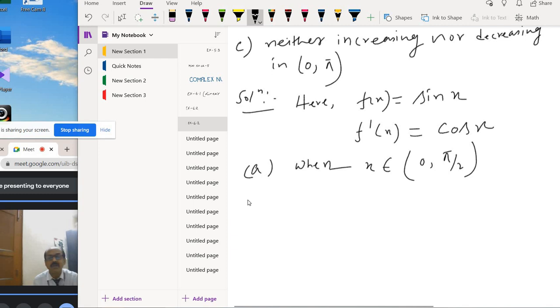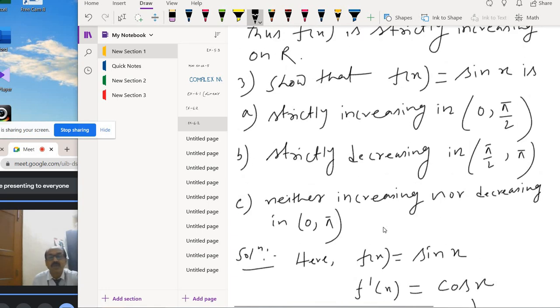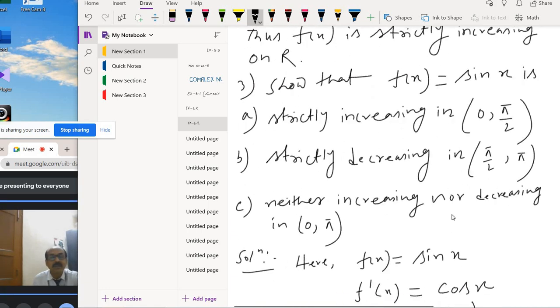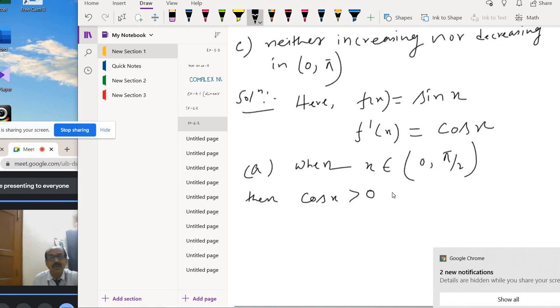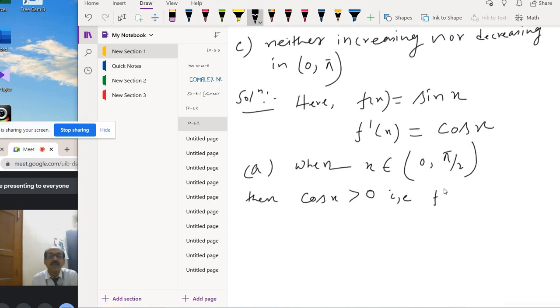So when x belongs to 0 to pi by 2, cos x is greater than 0. So cos x greater than 0 means f dash x is greater than 0, so f is increasing.